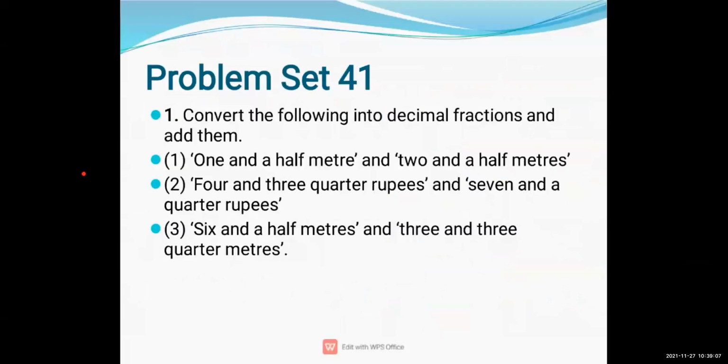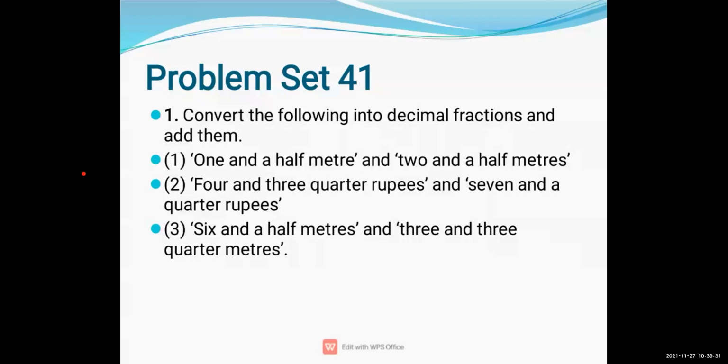Okay, now the next problem set is problem set 41. Now here convert the following into decimal fraction and add them. Now what you have to do, you have to convert this decimal fraction and add it. Add मतलब आपको plus करना है.